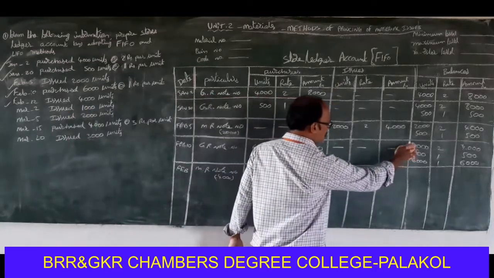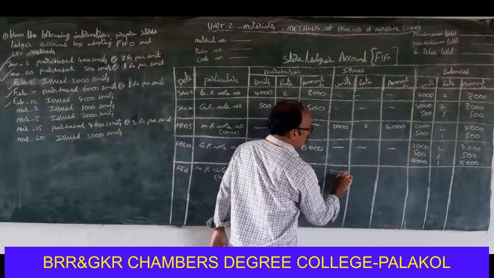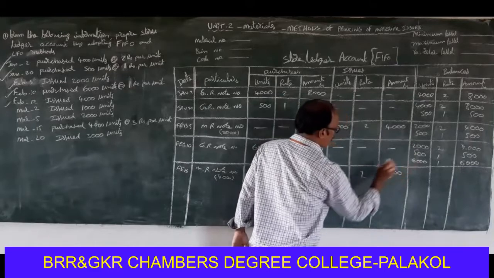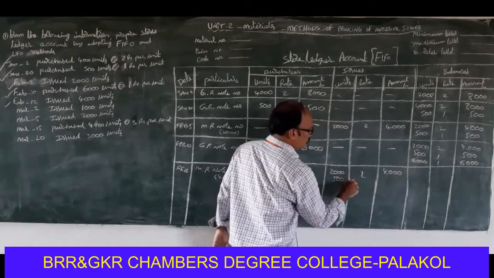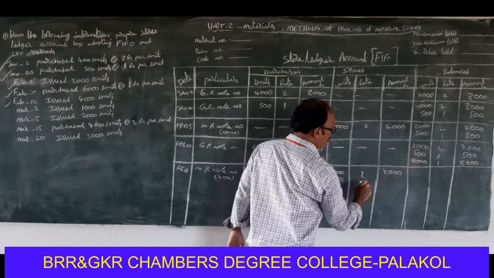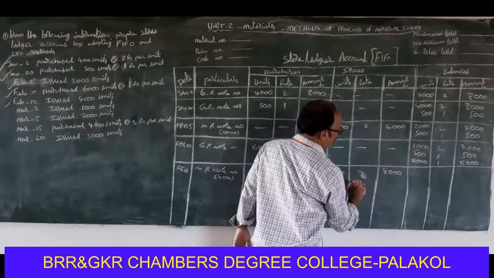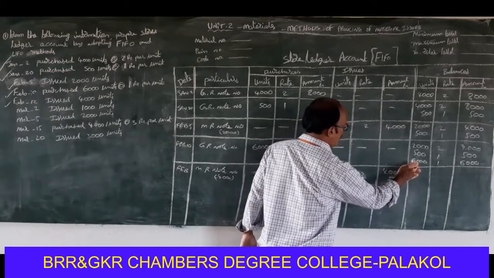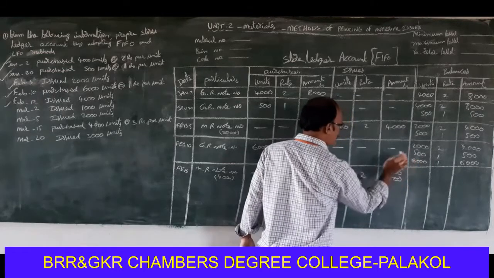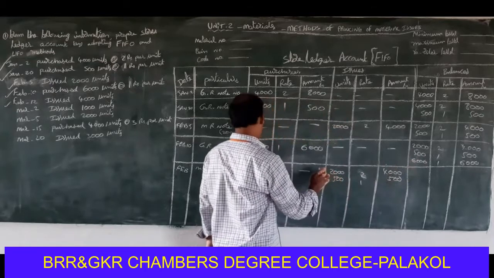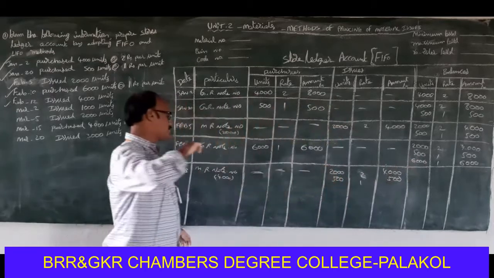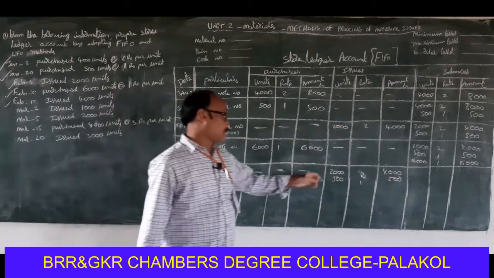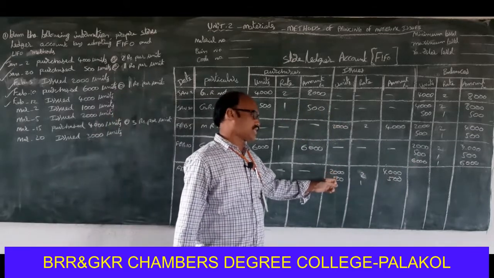First released this one, 2,000 units at the rate of 2 rupees per unit, 4,000. Then we received this one, so it has to be released at the rate of 1 rupee. So 500. Next released this one. Next received this one. From this, how many units required? Total number of units issued, wanted to issue 4,000. 2,000 units already issued, 500 units already issued.